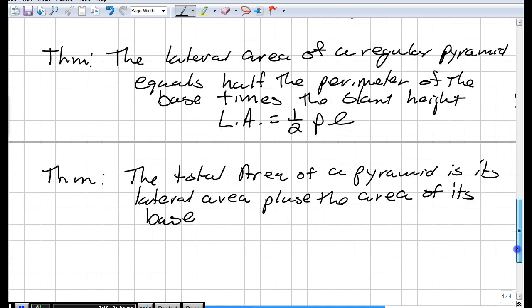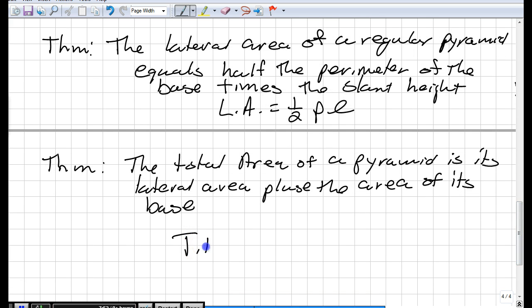So as a formula, total area equals lateral area plus capital B. Remember, the capital B means base area.